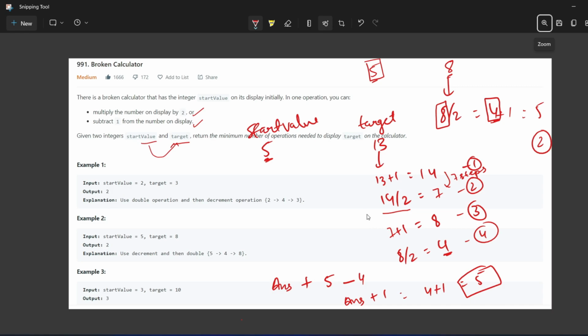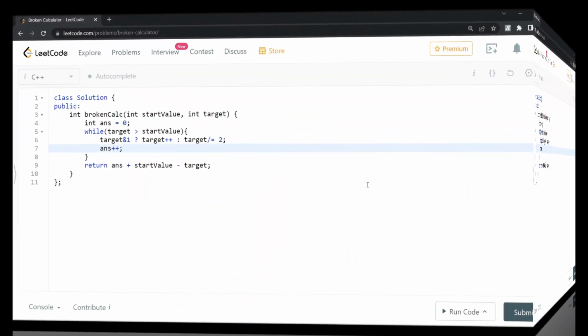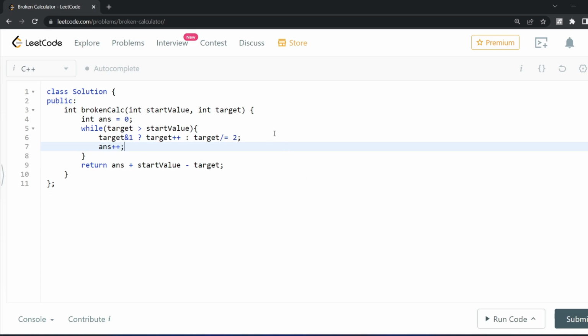So let's see the code to understand it more. This is the code of this problem. We initialize our answer with 0, and while our target is greater than the start value, we do some operations. If our target is odd, we increment our target. If our target is even, we divide it by 2.